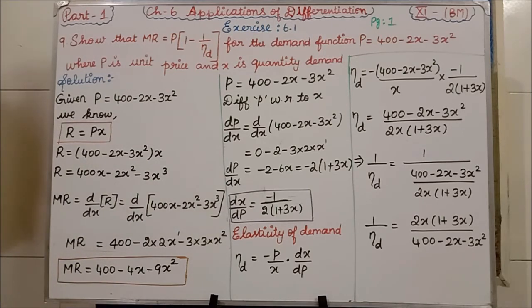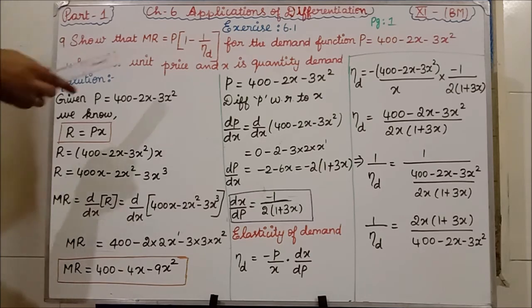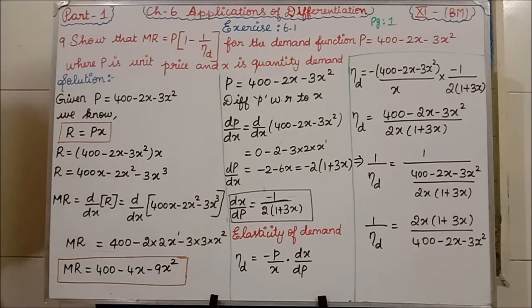We have to prove it. Okay, now see, for the demand function, P is equal to 400 minus 2x minus 3x square, where P is the unit price and x is the quantity demanded. Students, now see the question: have they given the marginal revenue value in the question?